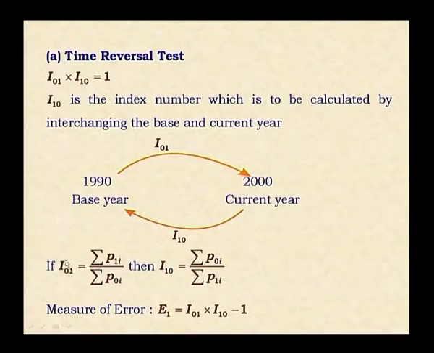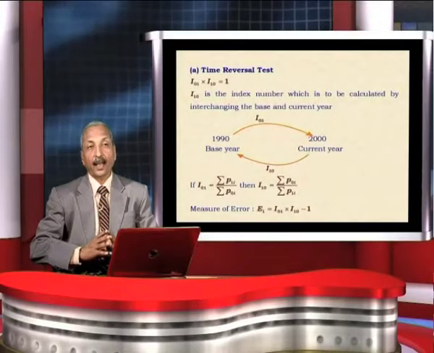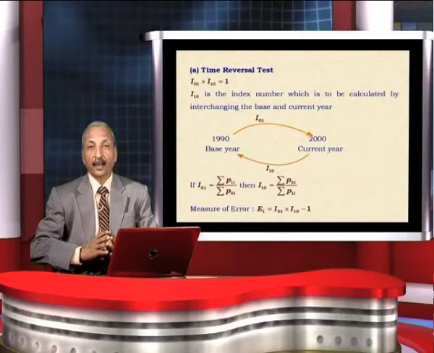So, suppose I am using the simple aggregative index number, then we know that I01 is equal to sigma P1i divided by sigma P0i, and using the same formula the I10 will be sigma P0i divided by sigma P1i. So, that is the only difference, and we see that if we multiply I01 with I10, it gives 1, that is, the simple aggregative index number satisfies this criterion.